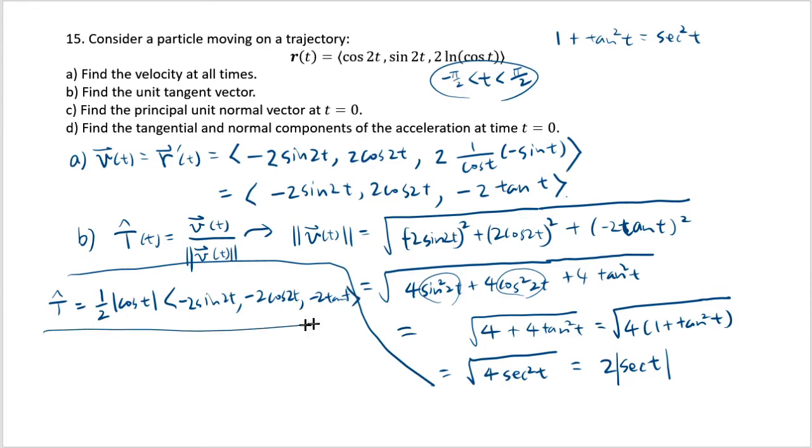Okay, so that is the unit tangent vector, and what I was suggesting is that maybe you don't need that. You can just leave it without the absolute value. And that's actually really necessary for part c because you can't differentiate with this absolute value. So let's continue with that.